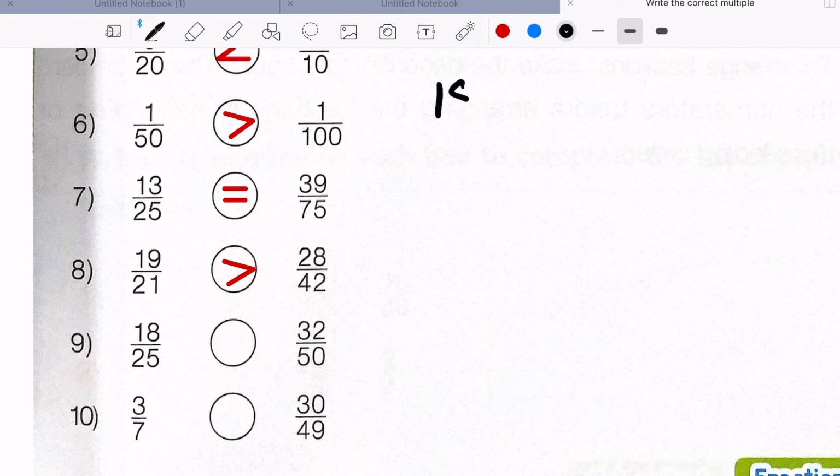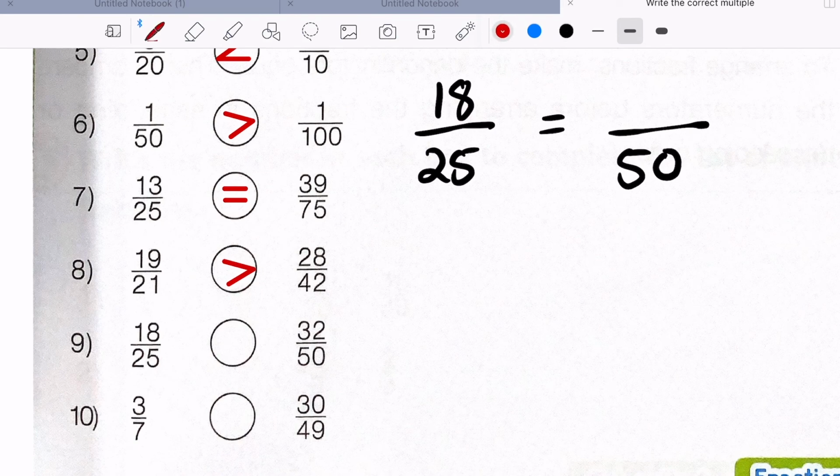So 18/25 is equal to something over 50. 25 times what equals 50? 25 times 2. 18 times 2, because we multiply the top and bottom by the same number. So 18 times 2 is equal to 36.